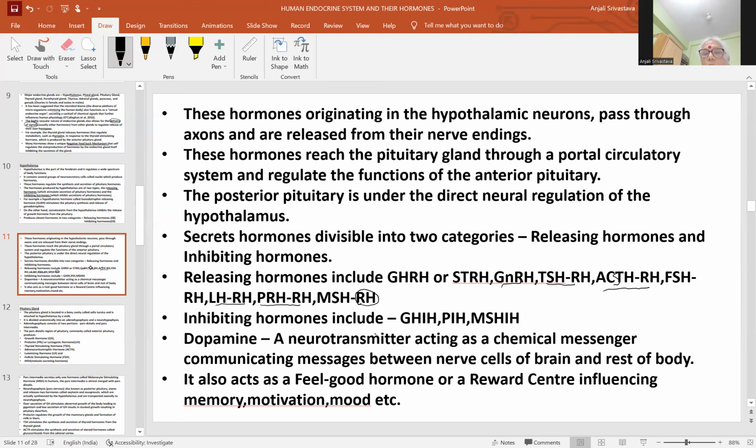And inhibiting hormones include GHIH, PIH and MSIH. ये देख रहे हैं आप कि ग्रोथ हार्मोन को स्टिमुलेट करने वाला हार्मोन जो पिट्यूटरी को स्टिमुलेट करेगा इन हार्मोन्स को सिक्रीट करने के लिए, और कुछ हार्मोन्स आते हैं जो हाइपोथैलेमस से ही सिक्रीट होते हैं और यही फिर से इनको रोकते हैं. GHRH को स्टिमुलेट करता है और जब ओवर प्रोडक्शन होने लगता है तो उसको रोकता है. Accordingly, the PIH is inhibiting the PRH hormone.